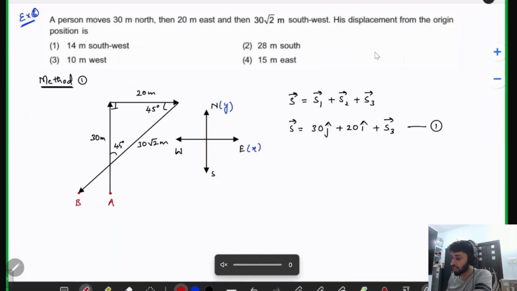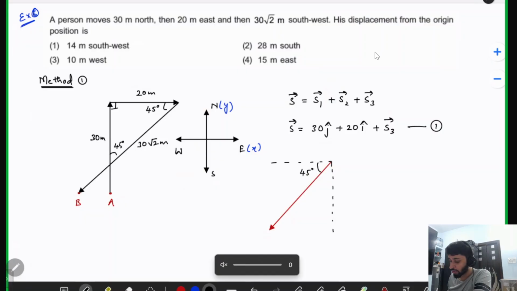So s3 bar is 30 root 2 meter southwest, exactly between south and west, exactly along this direction. Exactly in between means it will be making an angle of 45 degree with the south direction or west direction. With the y-axis it will make an angle of 45 degree, you can say like this. Or you can take this angle also as 45 degree, no problem.